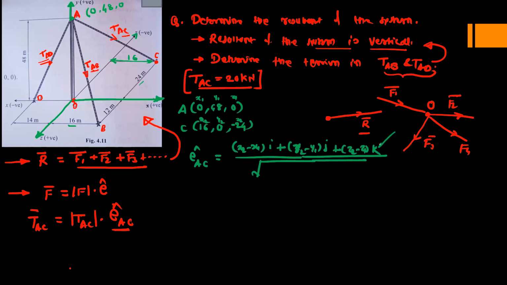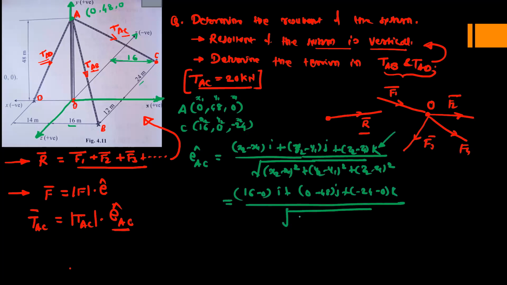The numerator is the position vector, divided by the magnitude, which is the square root of (x2 minus x1) squared plus (y2 minus y1) squared plus (z2 minus z1) squared. Put in the values: x2 is 16 minus 0, y2 is 0 minus 48, z2 is minus 24 minus 0.